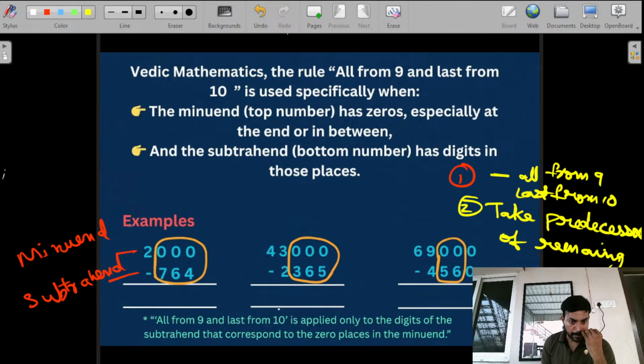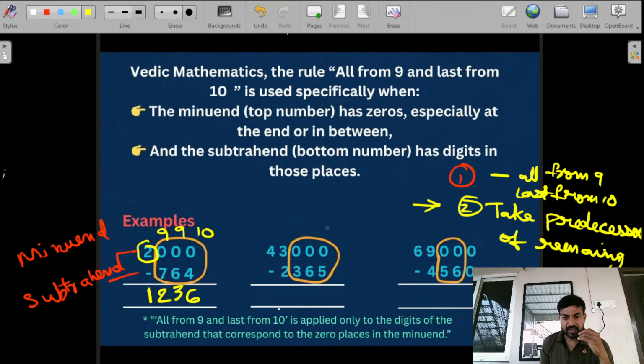So here, all from 9, last from 10. So 10 minus 4, 6, 9 minus 6, 3, 9 minus 7, 2. We have 2 here, the remaining digit in the minuend. So take 1, because step 2 is to take the predecessor of the remaining term in the minuend.